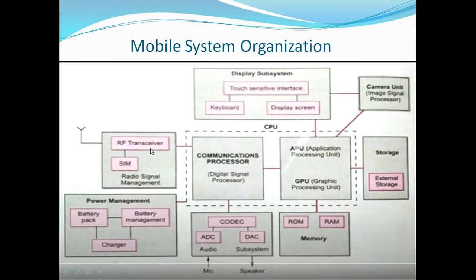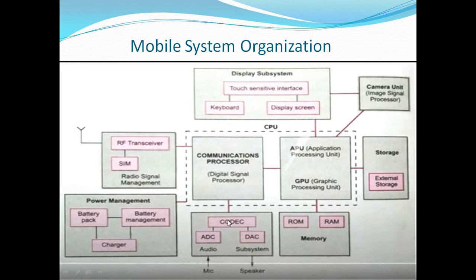RF transceiver is the radio frequency transceiver, and transceiver is a word formed from transmitter and receiver. So an RF transceiver is a device that contains both a transmitter and a receiver, which is connected to a SIM. This radio signal management is responsible for connecting the SIM to the base station through radio signals. Fine. So this radio signal management is connecting your device, your SIM, through the radio signals.